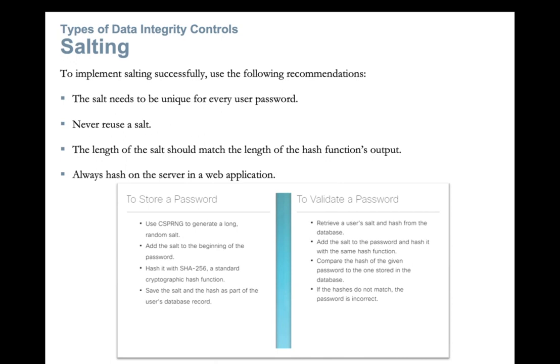When validating a password, it retrieves the user's salt and hash from the database, adds the salt to the password and hashes it with the same hash function, that is secure hash algorithm 256, and compares the digest, or hash value, of the given password.